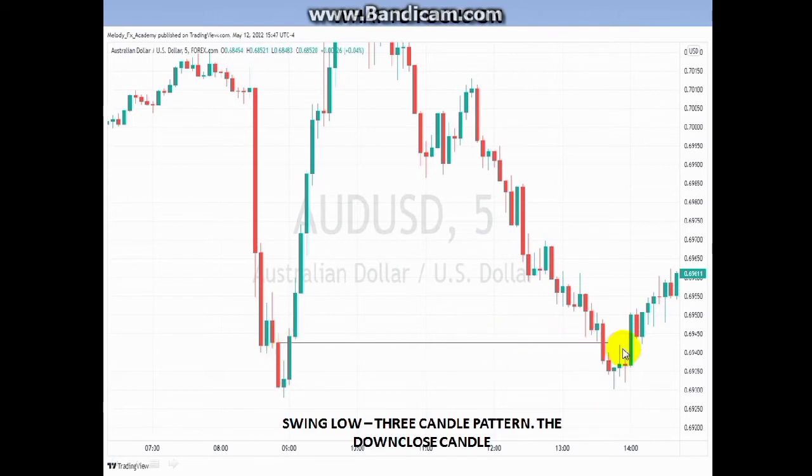But now I know better, and I am looking at these two candles as my order block. But yes, for the swing low pattern, this will definitely be your order block.